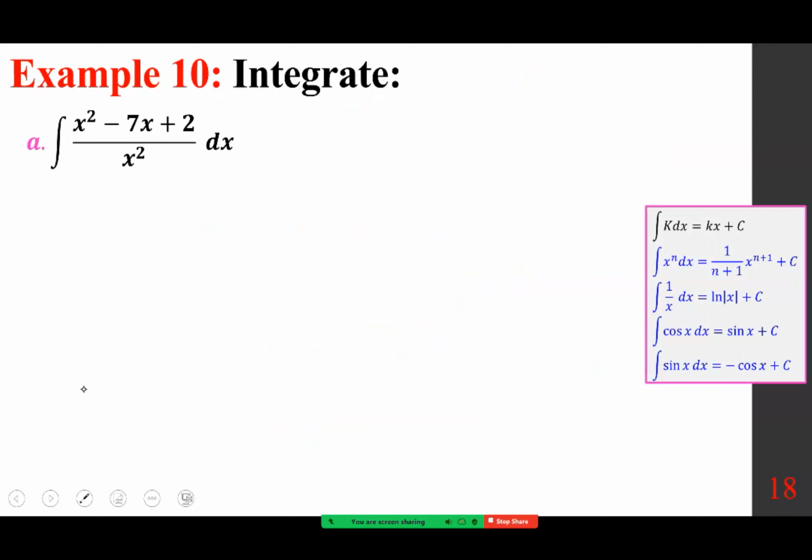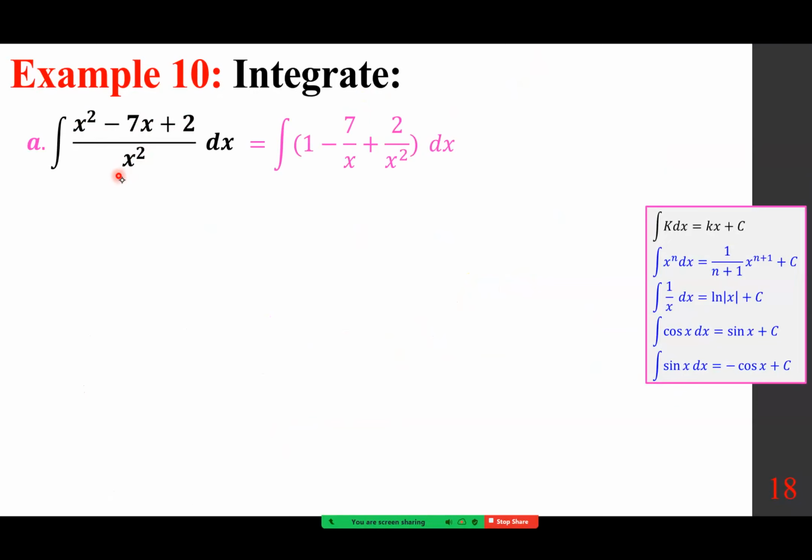Again, if we were to differentiate, we would do the same thing and we cut it into three pieces. X squared divided by x squared is 1, minus 7x over x squared is minus 7 over x, plus 2 over x squared. So we cut it into three fractions.